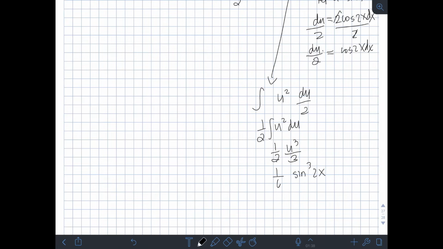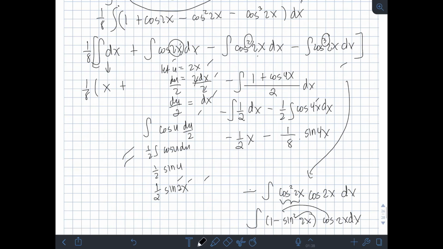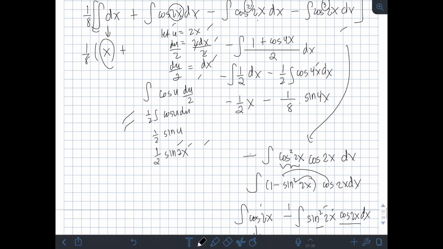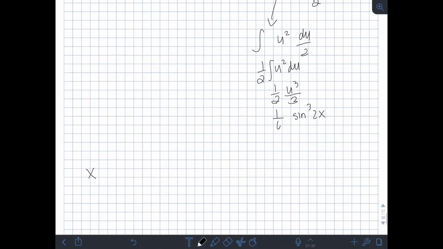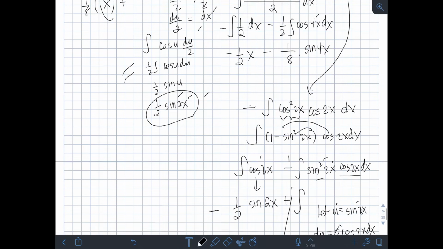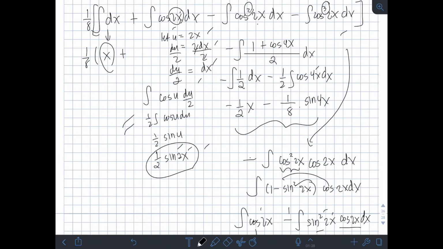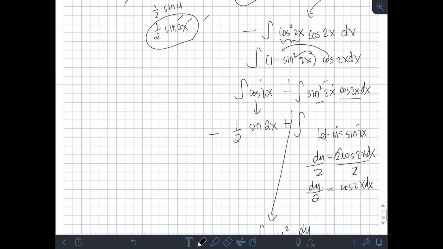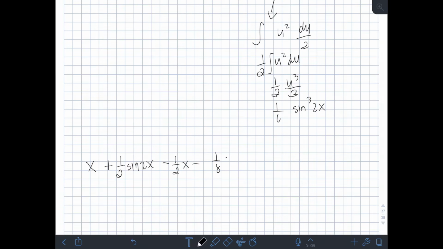So, pagsama-samahin na natin. So, una is itong x. Pangalawa is itong positive 1/2 sin 2x. Pangatlo, itong dalawa yung negative 1/2 x minus 1/8 sin 4x.